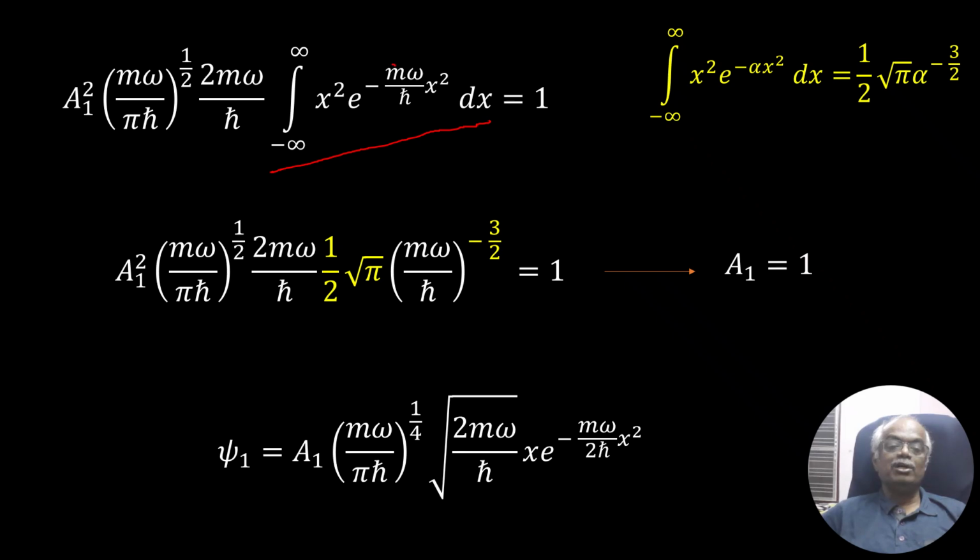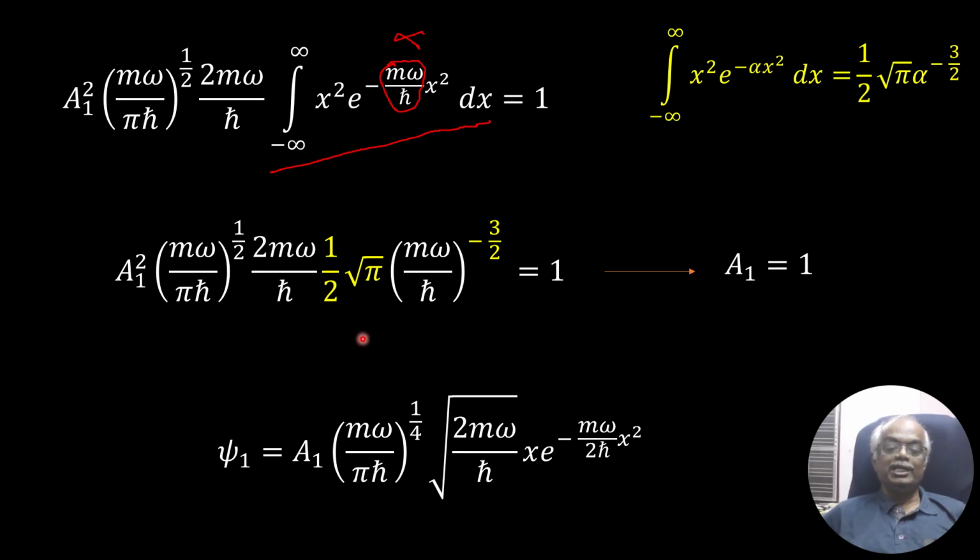Remember that m omega over h cross is alpha. So now you take A1 squared as it is, this term as it is, and 2m omega over h cross as it is. Then replace this integral with 1 over 2 square root of pi alpha power minus 3 by 2, where alpha is m omega over h cross, power 3 over 2.